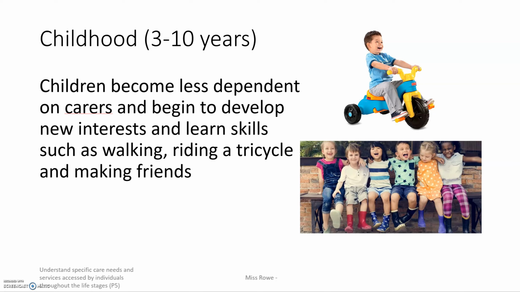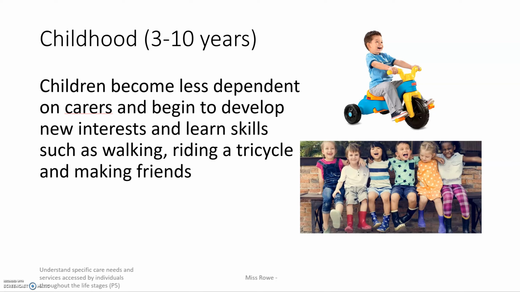At this stage, you've left nursery and then you start going into primary school, around 4 years old. So what kind of care needs are required for children? Care needs include health, so think of immunisations, personal hygiene, nutrition and a balanced diet.